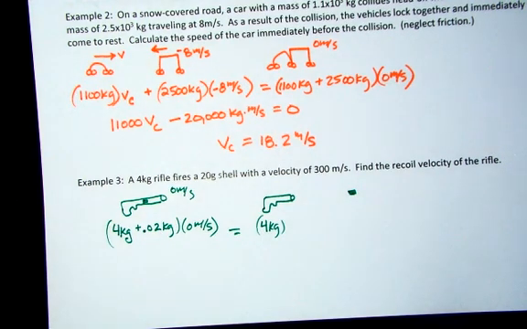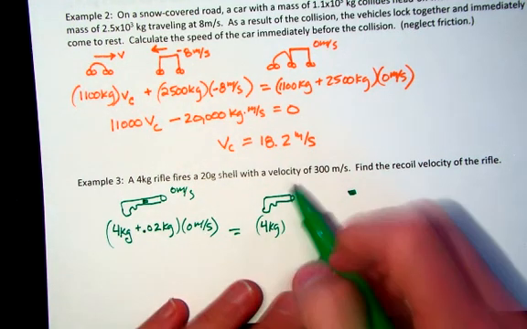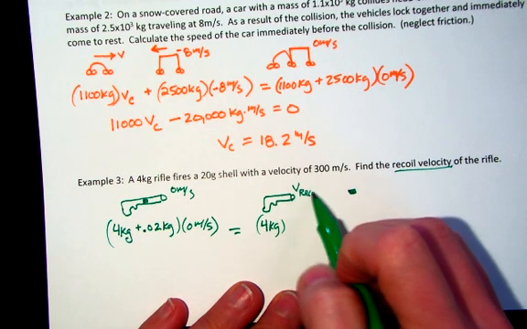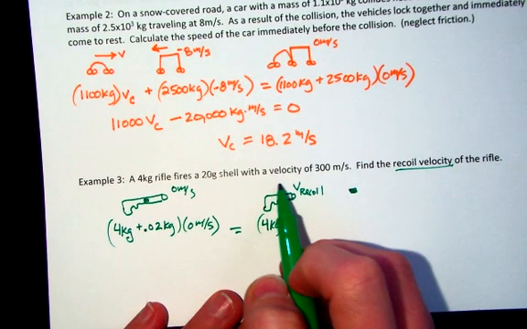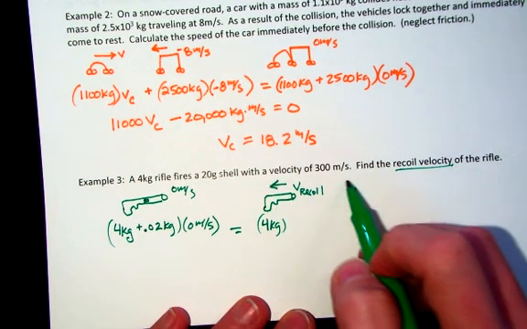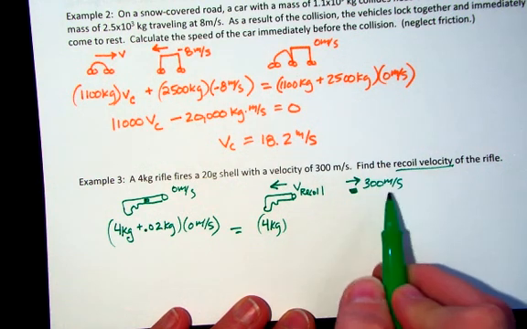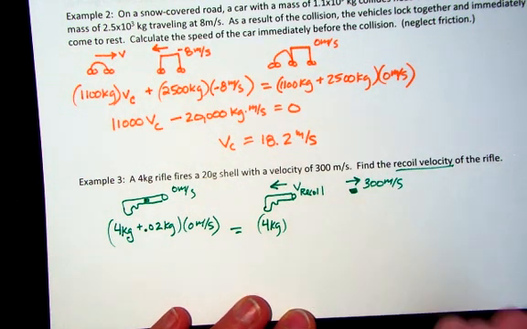Okay, now if you shot anything, what happens to the gun? Yep, there's a recoil, and that is what we're looking for. We're looking for the recoil velocity of the gun. And that direction is in the opposite direction that the bullet is moving. So the bullet goes to the right, recoil goes in the opposite direction.